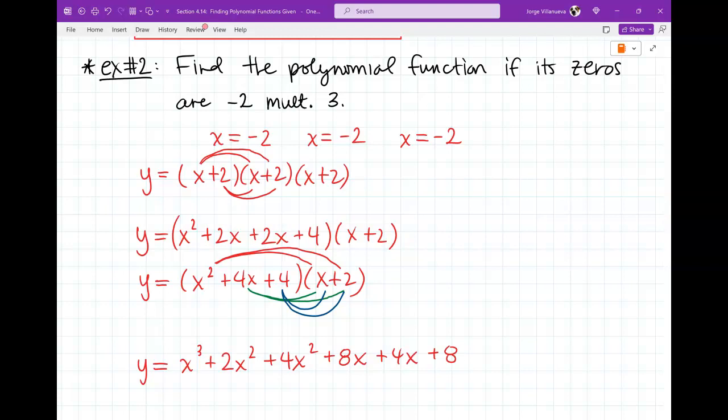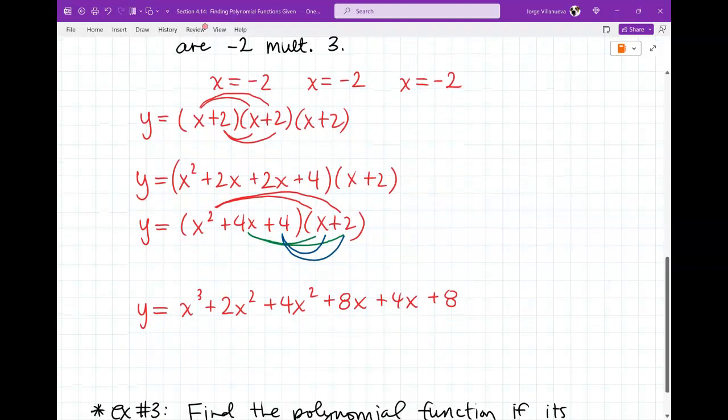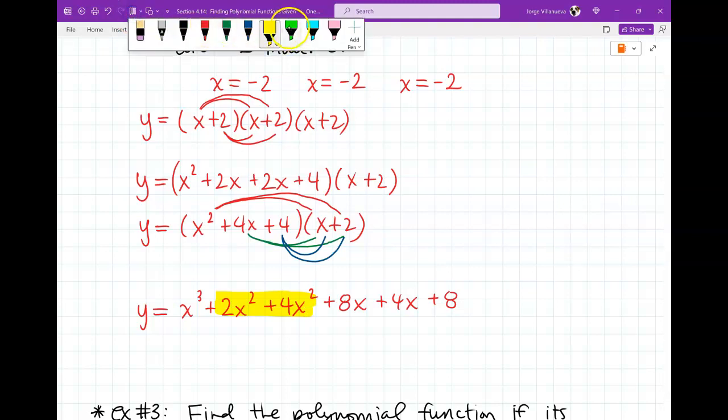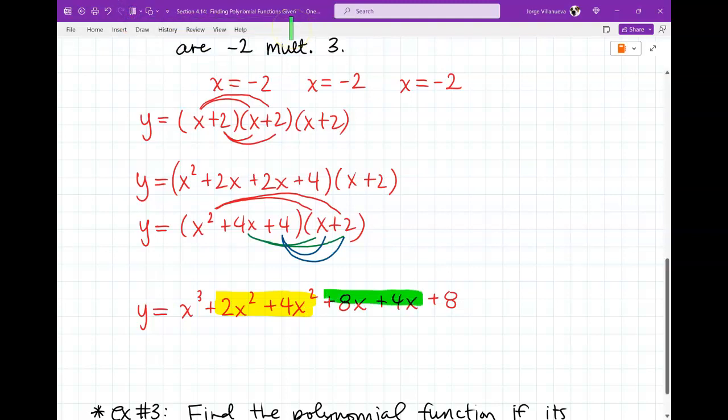All I have to do now is just clean it up, and I'm done. Okay? So my like terms, I'll highlight them, these 2. And my other ones will be these 2. By the way, they don't always show up in the same place. Sometimes they're separated. Depends how you multiply. Okay?